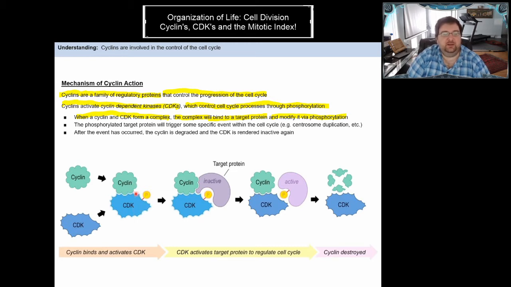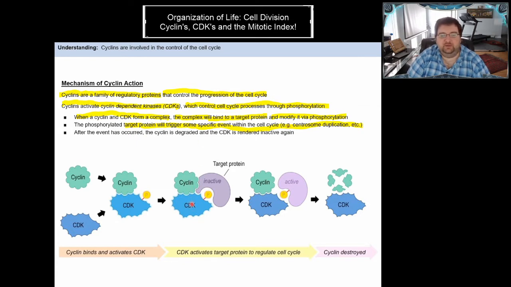This cyclin-CDK complex is going to seek out a target protein, and this protein that it targets is going to trigger some specific event in the cell cycle. For example, in interphase, you might go through some centrosome duplications, preparing for mitosis.